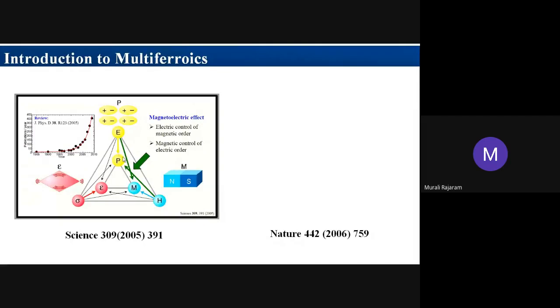You can switch this electric polarization by applying an electric field, so this is called a ferroelectric material. This is the strain parameter. You can switch the strain by applying stress, so this is called a ferroelastic material. This parameter is magnetism. You can switch the magnetism by applying a magnetic field. These are the conjugate fields.